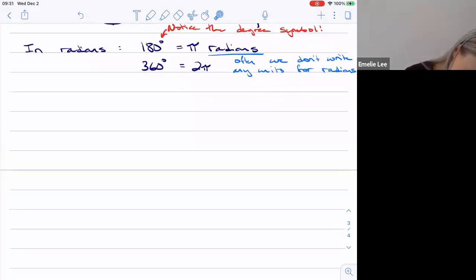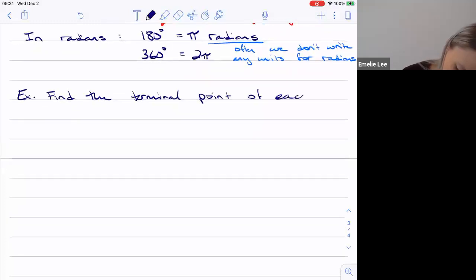So, for example, find the terminal point of each real number.